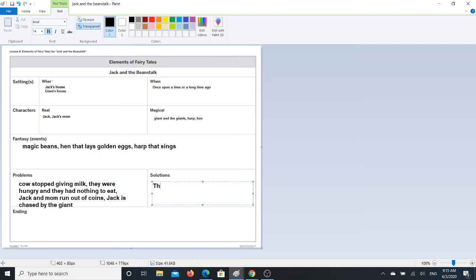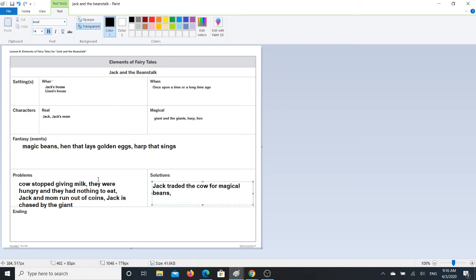I can't say they did because Mom was pretty mad about it. But Jack traded the cow for magical beans, right? So that's how they're going to get something to eat.